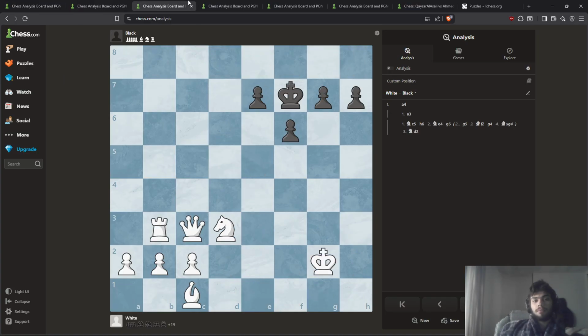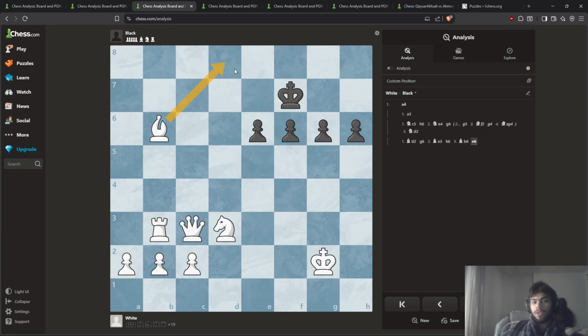So let's see. Let's go to this. I have a dark squared bishop over here. I can move it to this square. I can move it to d2. I can also move it to e3. I can move it wherever I please along these diagonals. I can go here. I can go over here.